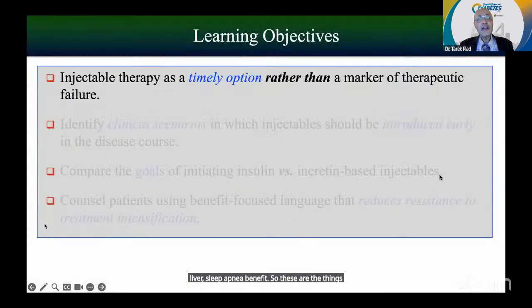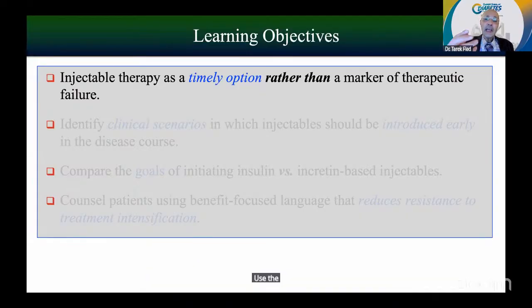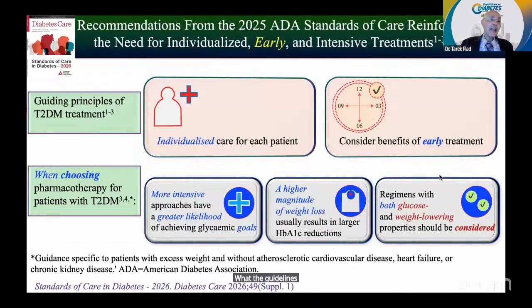So what do the 2026 guidelines say with regard to the first learning objective, which is to use the injectable therapy in a timely manner? The guidelines give us two guiding principles.